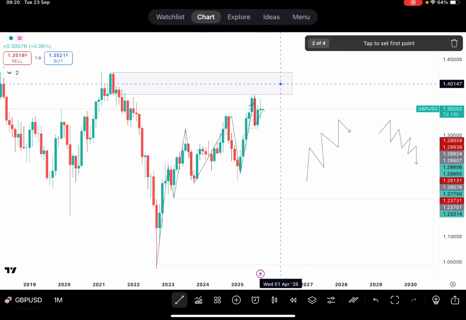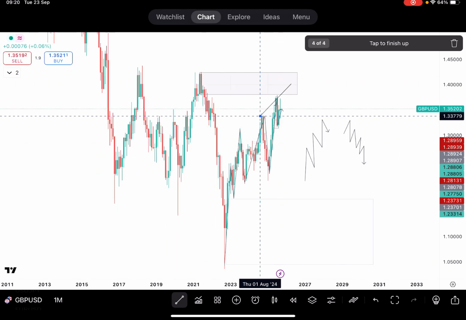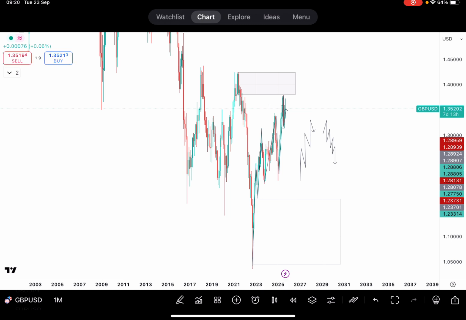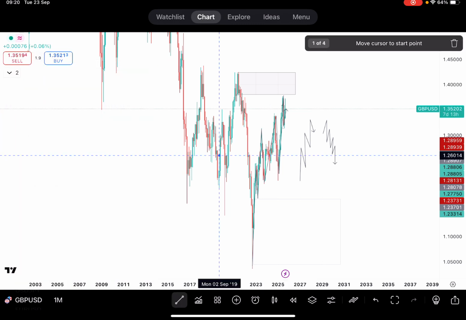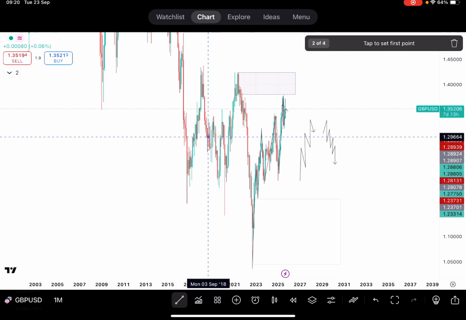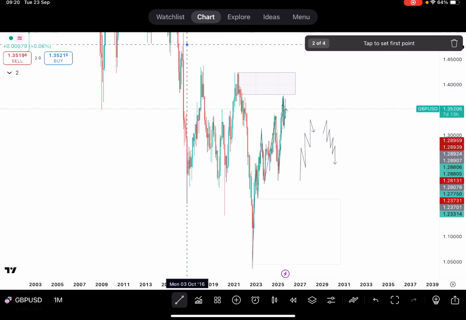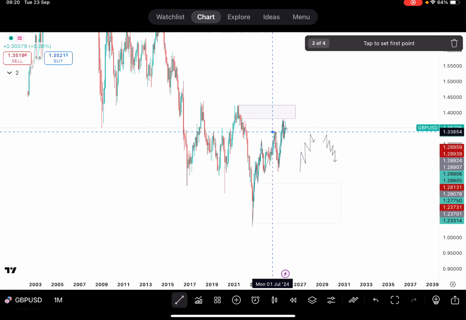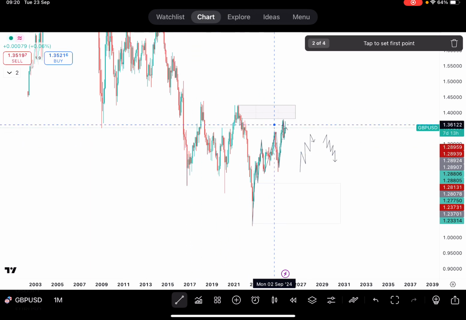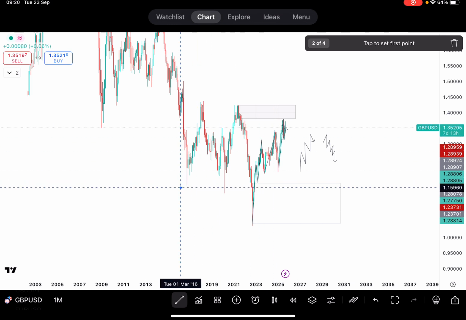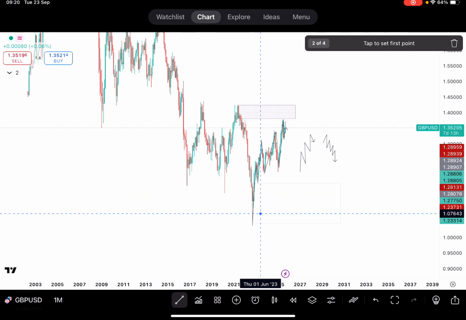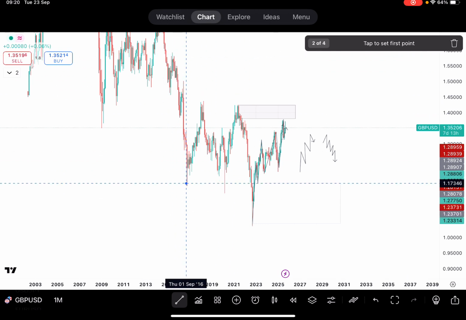Why? Because following the history that we've had, GU got here before the bullish movement started. We have sells coming down from here.